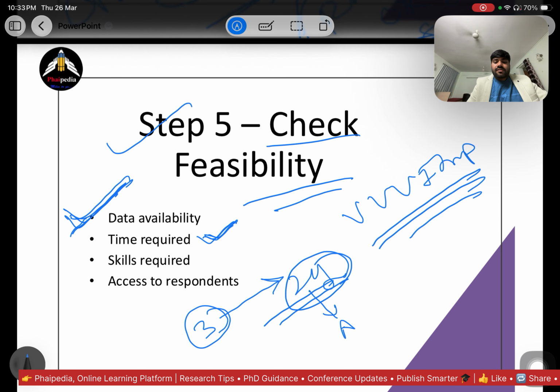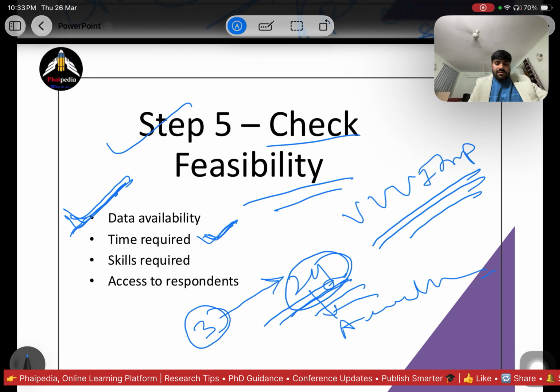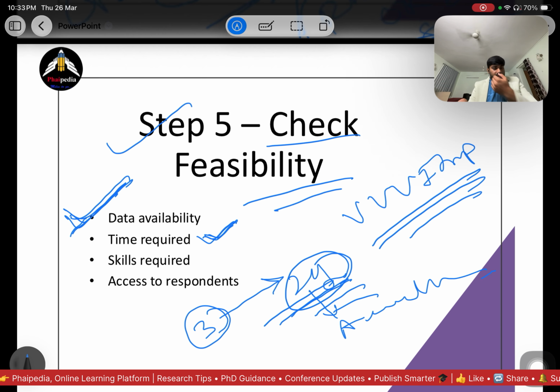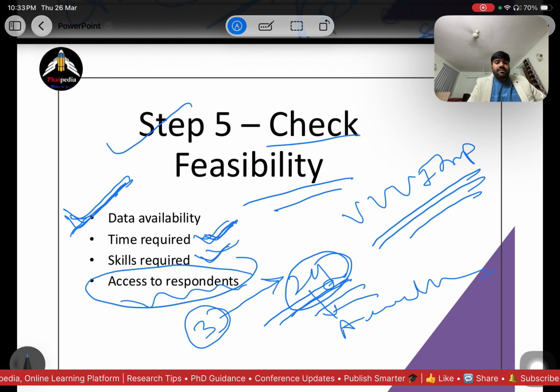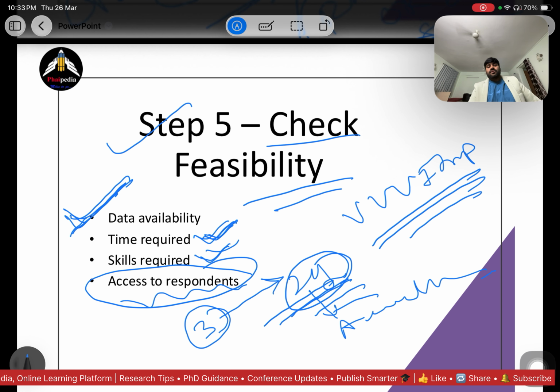When will you do the analysis and when will you write the research paper? This is not feasible. So check feasibility: time required, skill required, and also access to respondents. If you are conducting semi-structured interviews, you should know that the respondents should be available for the interviews and all. Okay.